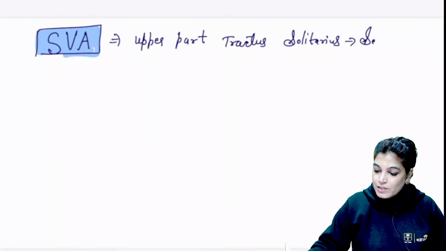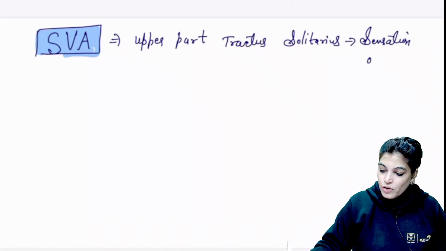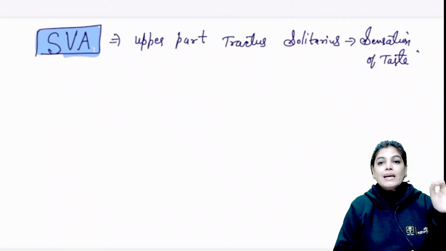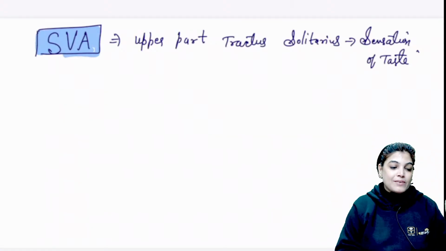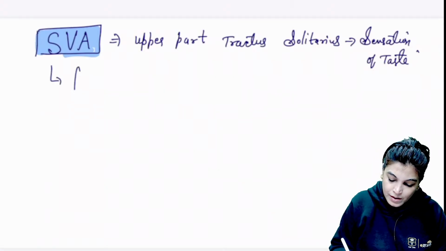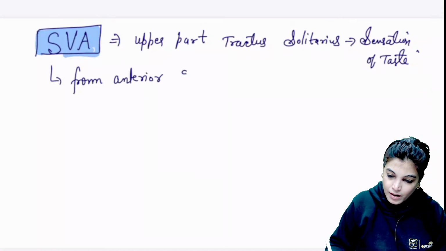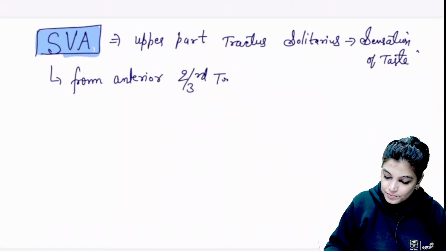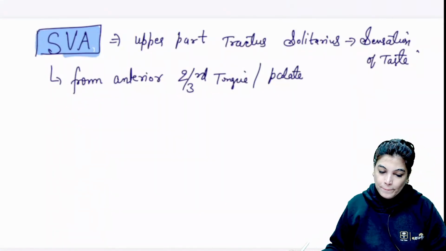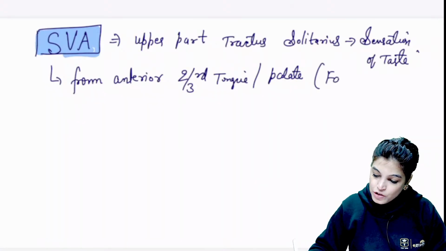I think a few of the students were initially asking me this same thing. This special visceral afferent receives the sensation of taste from the anterior two-thirds of the tongue and palate via the facial nerve.